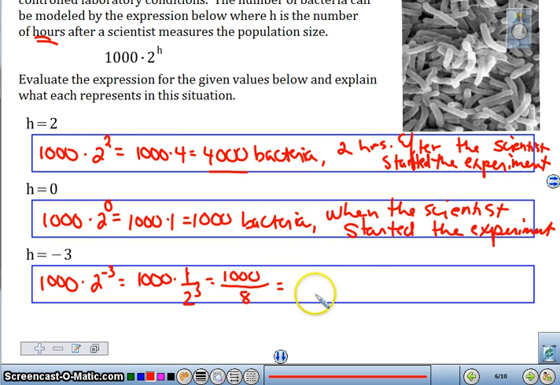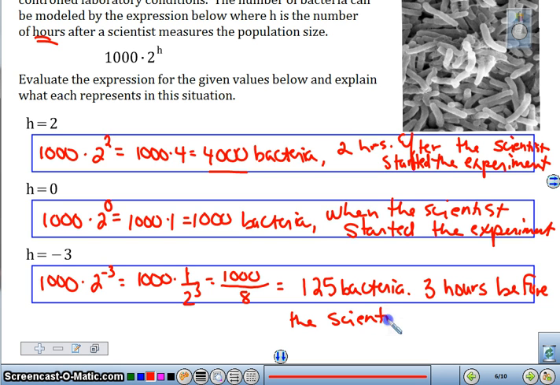If you take 1,000 and divide it by 8, we get 125 bacteria. What does that mean? This is how many bacteria, 125 bacteria, 3 hours before the scientists started the experiment.